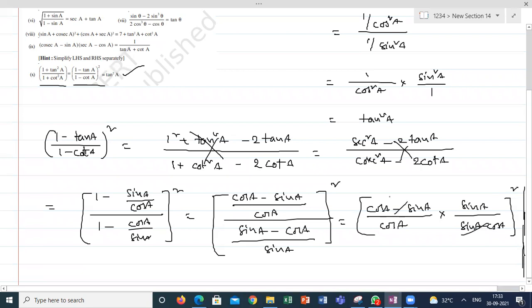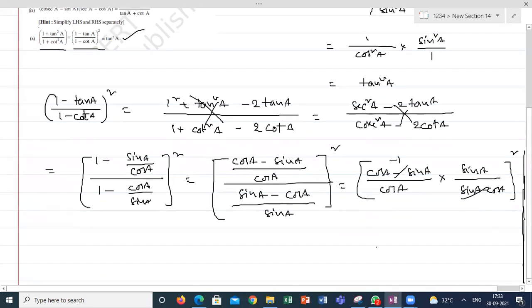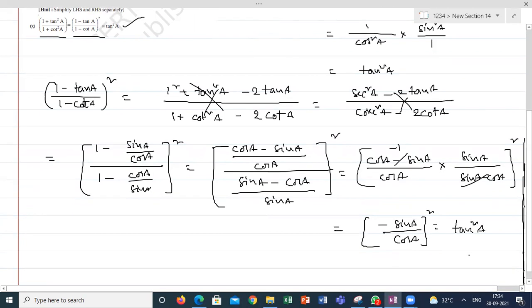This is minus 1 times. I'm getting inside the root minus sin A by cos A whole square. This will be equal to (minus tan A) whole square. Minus square is plus, so the answer is tan square A.